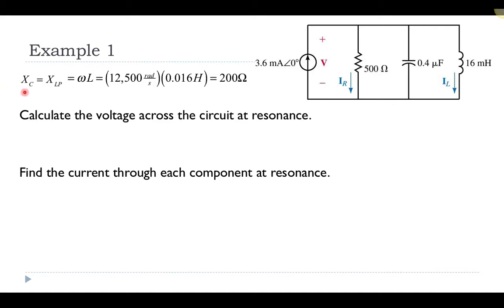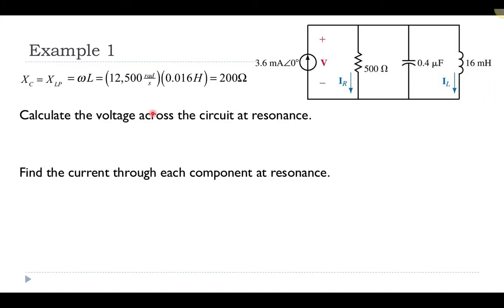So I know the capacitive reactance is equal to the inductive reactance, and we found that, well, we didn't find it, but I use this expression. It's the angular frequency times the inductance if I'm looking at the inductive reactance, and I end up getting that that is 200 ohms. So I want to keep that in mind as I move forward.